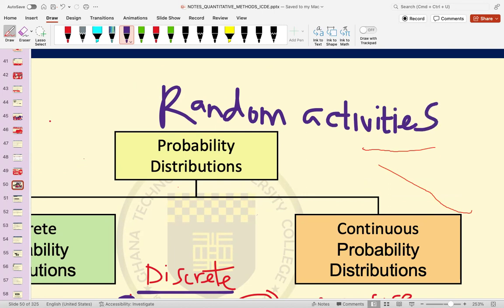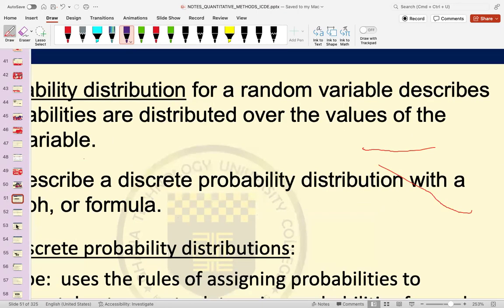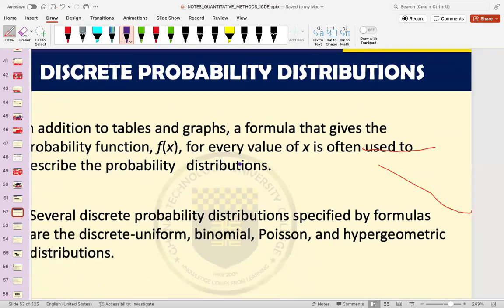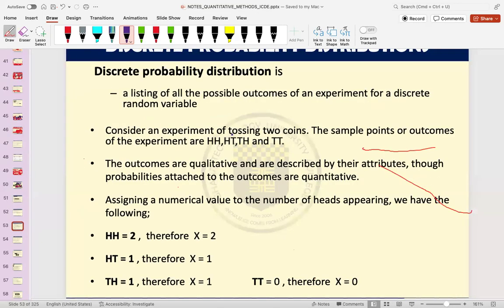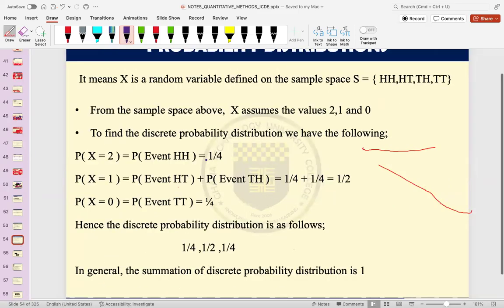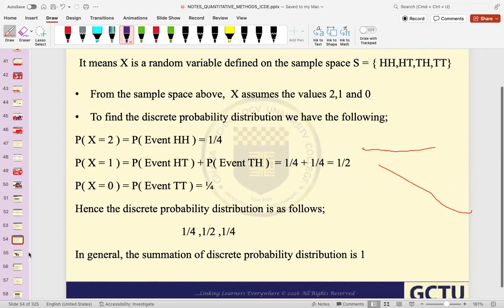And now you understand what a random activity is. So I'm going to take the simplest one, and then we see how these distributions or shapes are generated. Let's take an example.